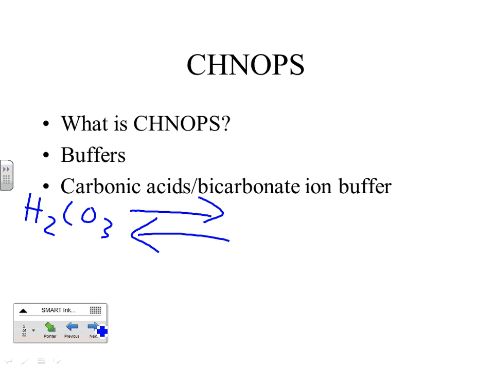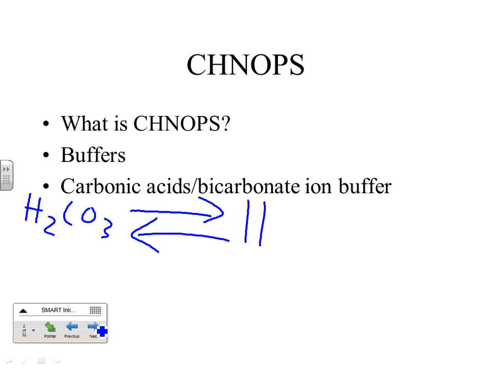First of all, why do I have arrows going both ways here? It's called a reversible reaction. It can go either way. When this stuff breaks up, ionizes, it's an acid, so what's it always going to give off? Hydrogen.